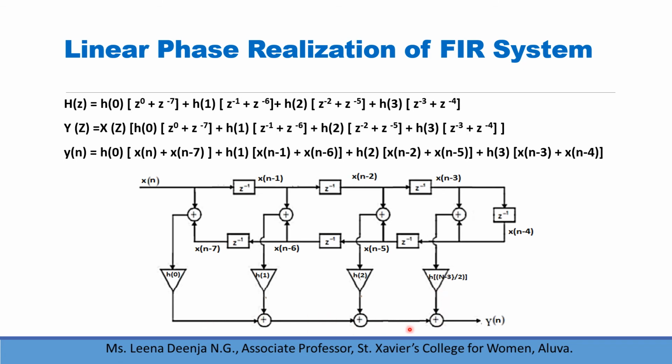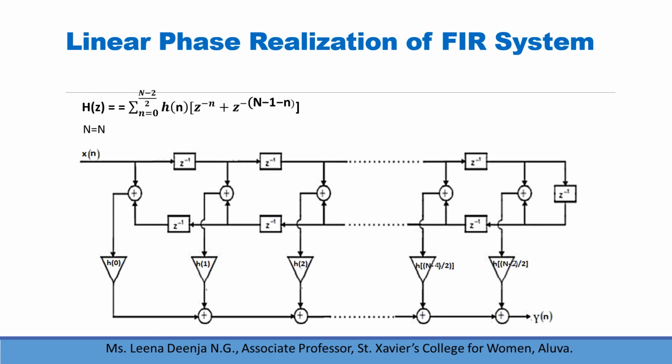And all these terms are added together, then we get our output as y of n. This is for n equal to 8. For linear phase realization, in general, for n equal to capital N itself, we can realize it like this.